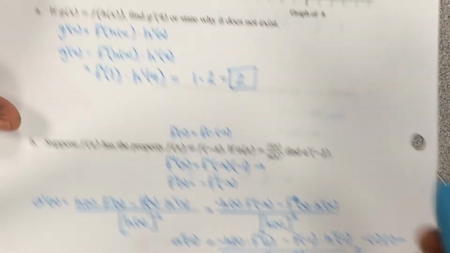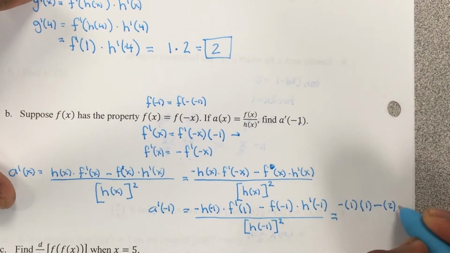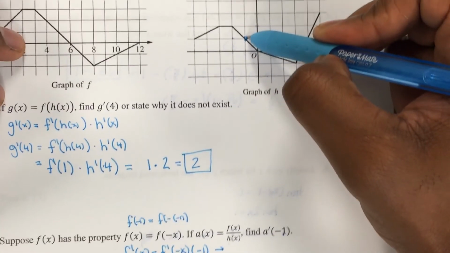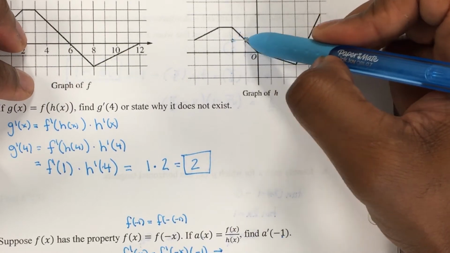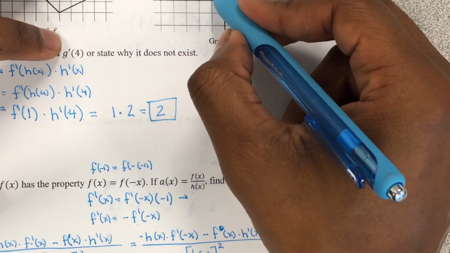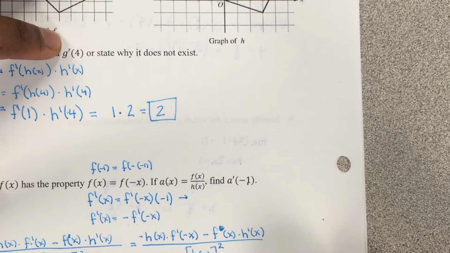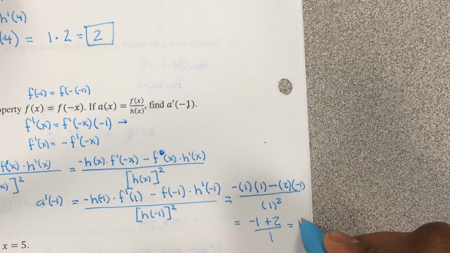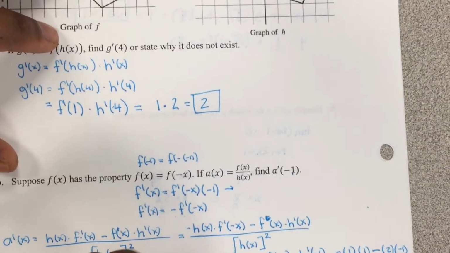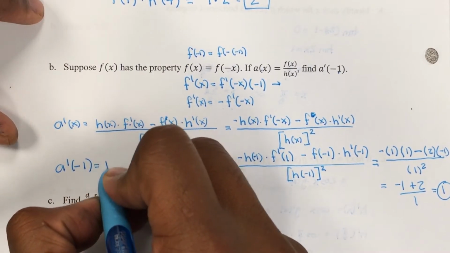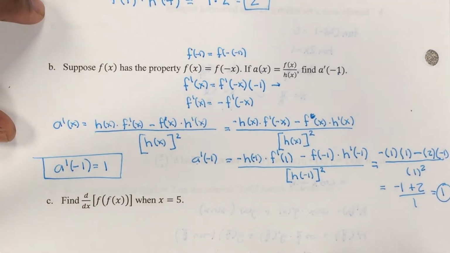F of positive 1 is 2, so it's minus 2 times h prime of negative 1, the slope, which is down 1, right 1, over h of negative 1 squared, which is 1 squared. So we get negative 1 plus 2 over 1, which is equal to 1. So a prime of negative 1 equals 1 as our final answer.